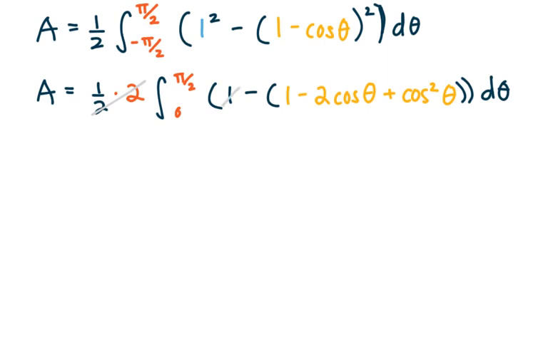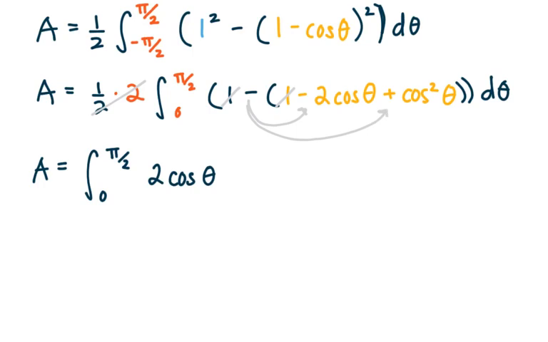We have 1 take away 1, that will go to 0. So I have A equals the integral from 0 to pi over 2 of negative 2 cosine theta, which gives me positive 2 cosine theta, and then distributing, I have minus cosine squared theta.